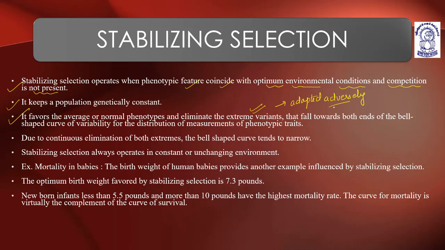Always remember, in stabilizing selection, the extreme variants, whether they are wild or extremely changed, are eliminated. Only those with the average or normal phenotypes are kept as part of the population, while the extremes fall towards both ends of the bell-shaped curve of variability for the distribution of measurements of phenotypic traits.